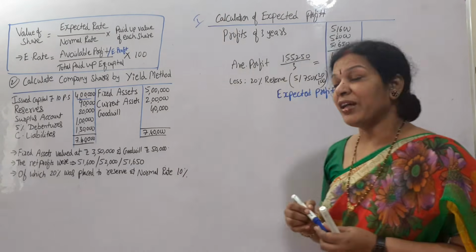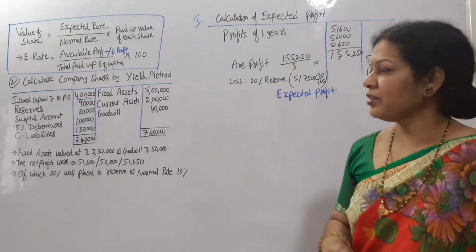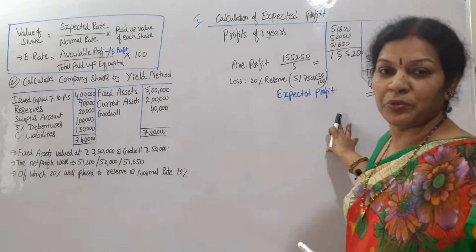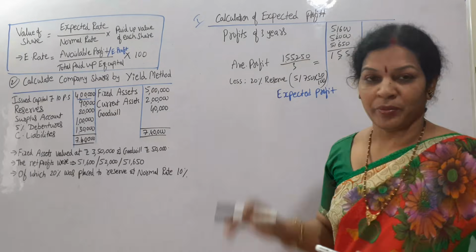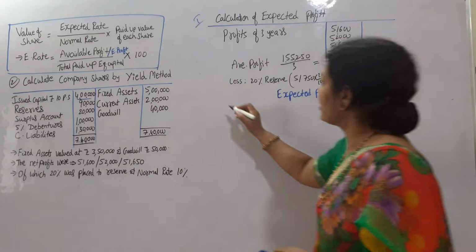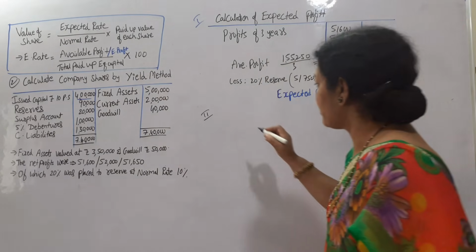Once you get the expected profit, there is nothing more to do; you can just take the formula. First, write the value of shares formula as it is. The second step is to calculate the expected rate.